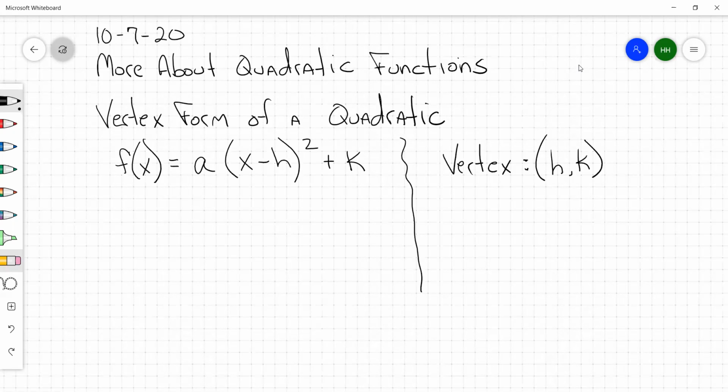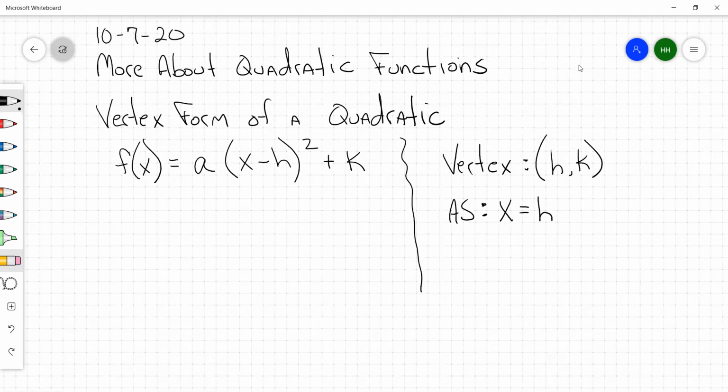The y value of the vertex is the value that's to the right of the parentheses. We said that the axis of symmetry was x equals whatever this h is. So whatever the x value of the vertex is, the axis of symmetry is a line x equals that value. Okay?